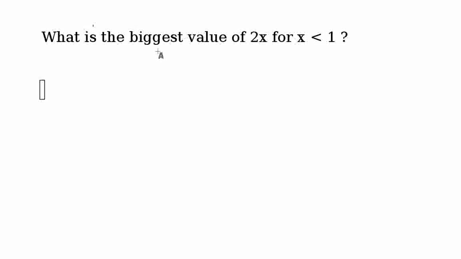Plug in all the values you like: x equals -5, x equals 0, x equals 1/2, x equals 3/4. Tell me which x value is going to give me the absolute biggest 2x value, so that there's no other x value that will give me a bigger value. You're not going to be able to. So can you see that not every situation has a biggest value?